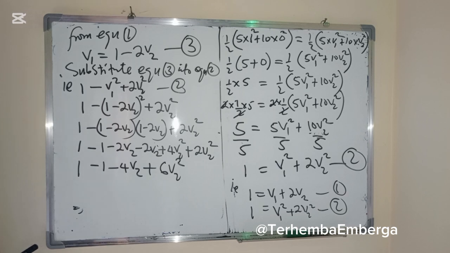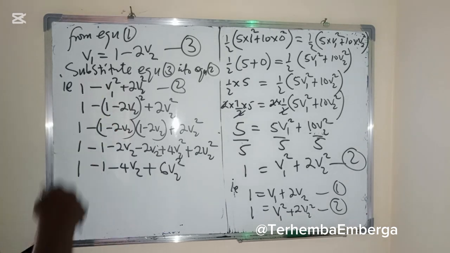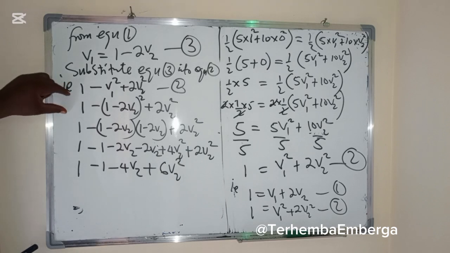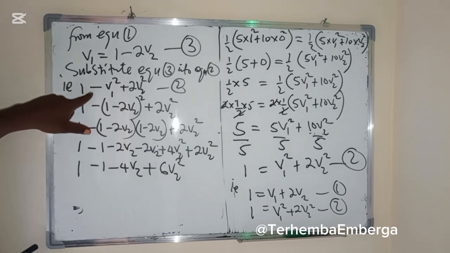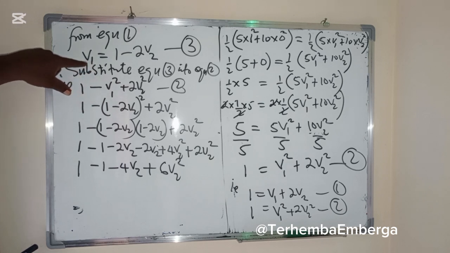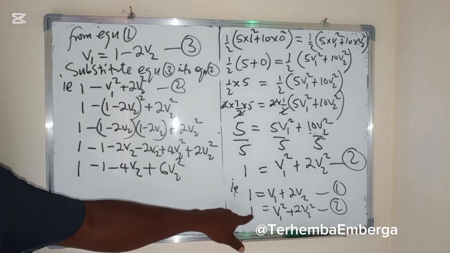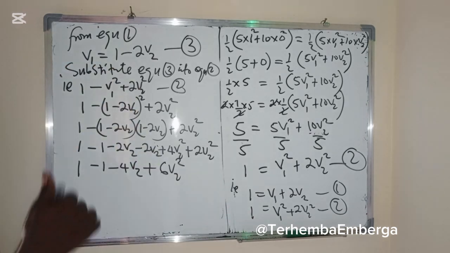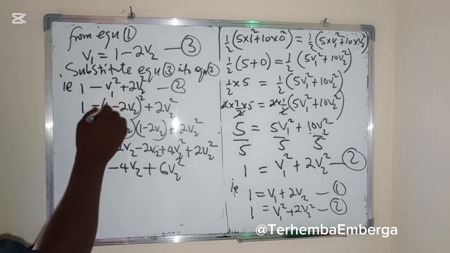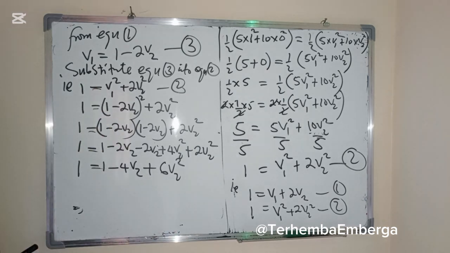Is that right? Remember, this is what we substituted, equation 3 into equation 2, which is 1. So this should be 1 equal to 1 minus 4v2 plus 6v2 squared.